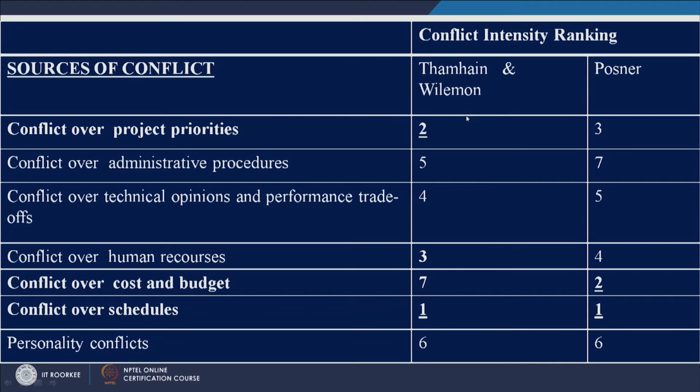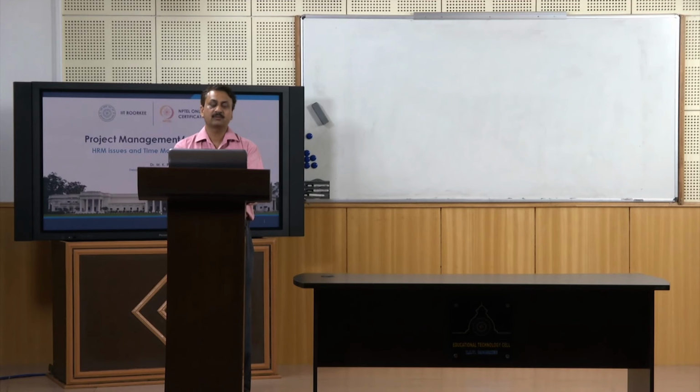So according to these two researchers, this reason has got 7th rank, but in this study this particular reason got 2nd rank, right? So broadly we can come to a conclusion that these are the reasons, right?